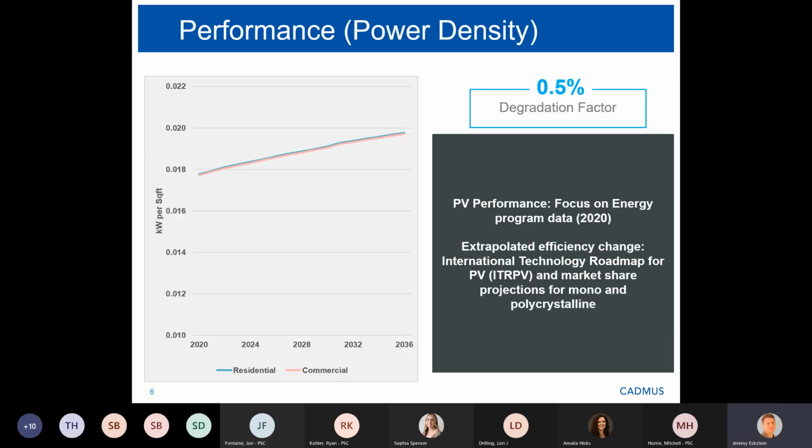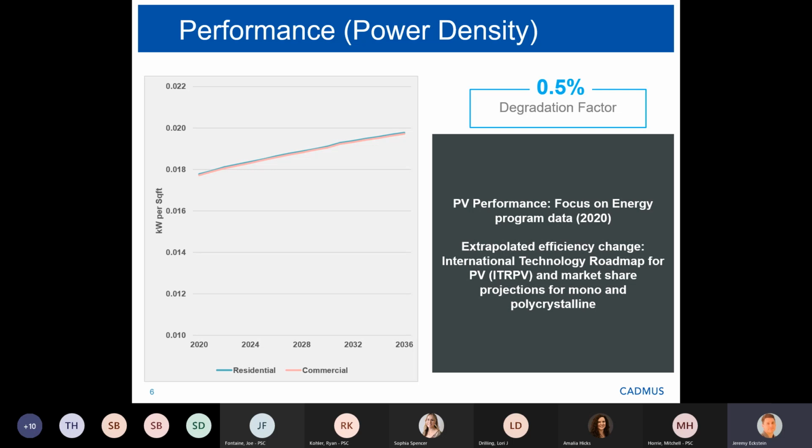We also need to look at performance, and in particular, one of the metrics we're looking at is the power density. We need a maximum power output for the installations by square foot, since we're essentially estimating the technical potential by the available rooftop square footage.